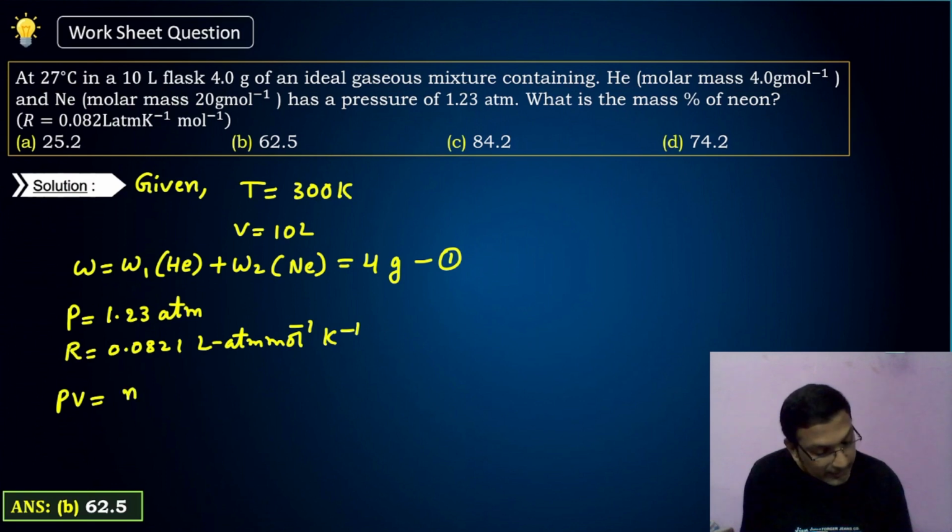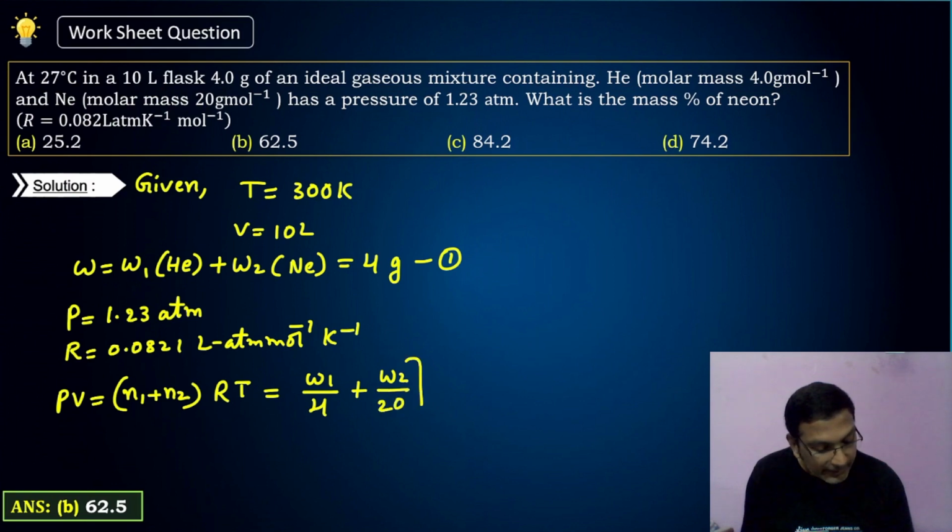Total number of mole means N1 plus N2, which is equal to N1 means W1 by 4 for helium, W2 by 20 for neon into RT.